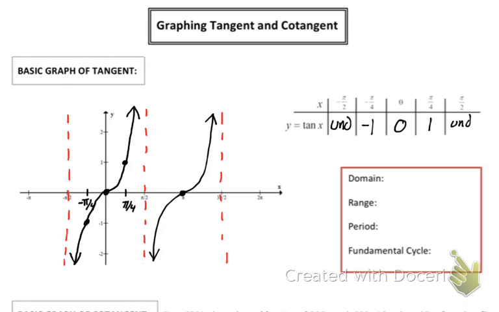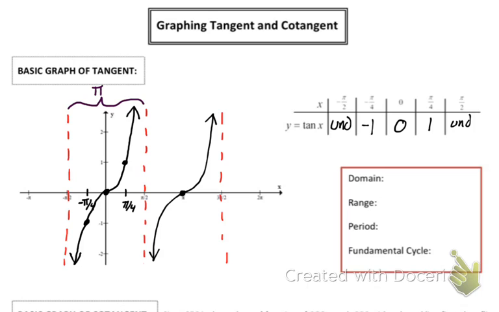And what I want to note about this one thing, let's do it in purple, is how long is the period? The period is going to be pi units in length, because from here to here is pi units, and then it starts repeating itself again.